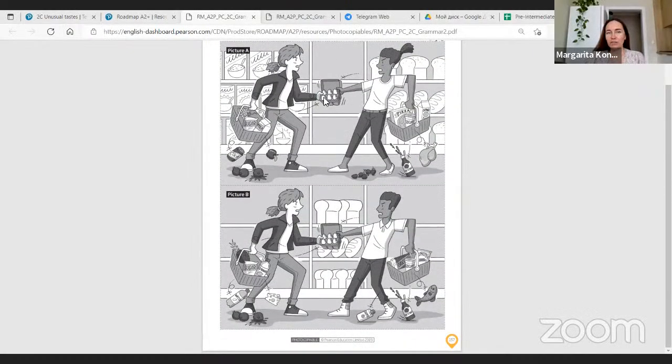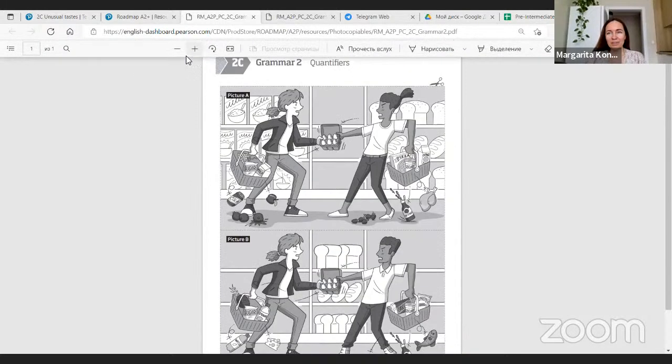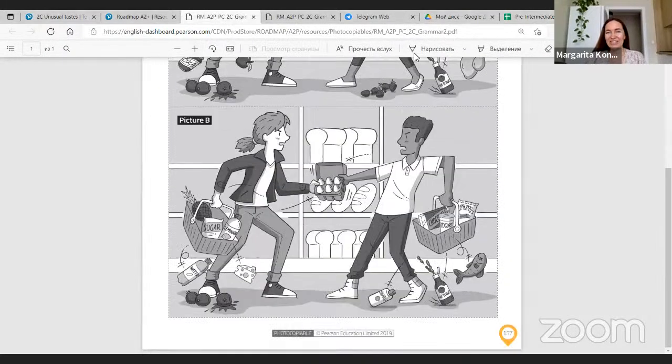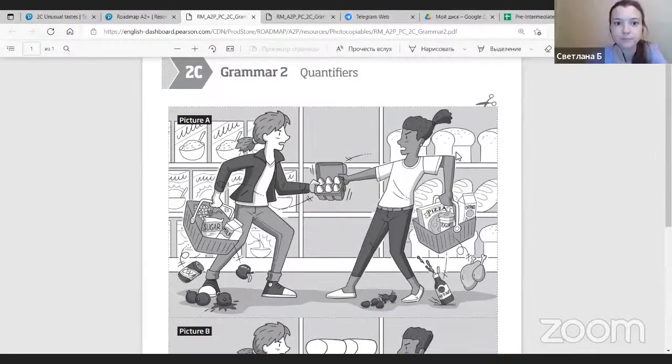Do you have it? Yes. I will also have a picture. There are actually two pictures. They look similar, but they are not the same. We are going to talk and find what is different in the pictures.